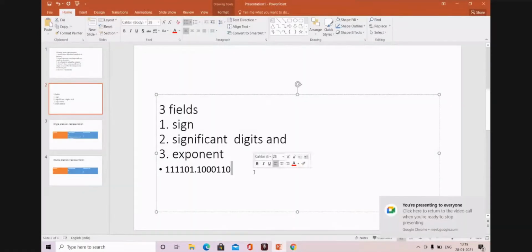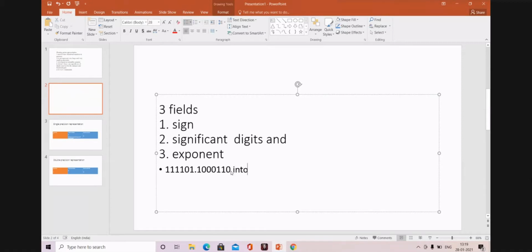If we consider this number, it is to be represented in the floating point format. How will you represent this integer as well as fractional number in floating point representation? In order to represent it, there are some steps that you have to follow.